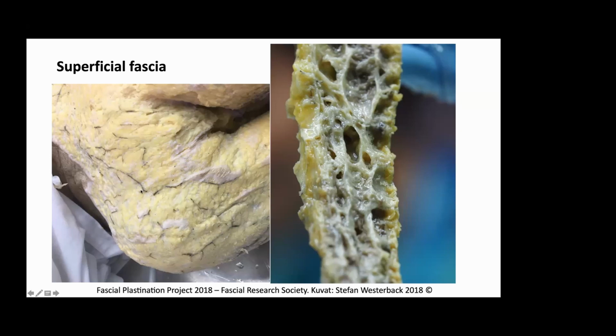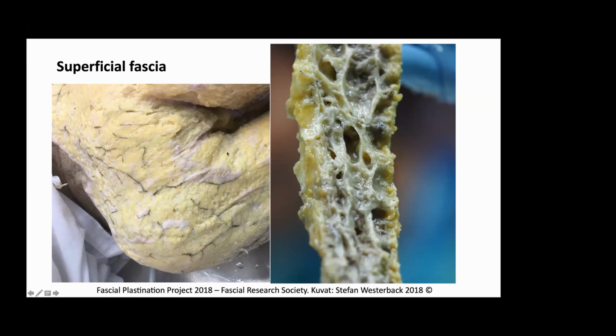You can see that when we are looking under the skin, these very small black lines here are vessels. So there are a lot of vessels and also a lot of small nerves in the superficial fascia.